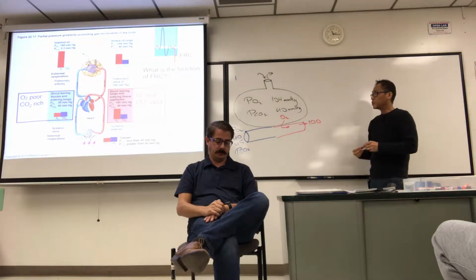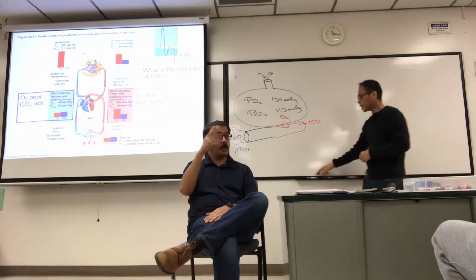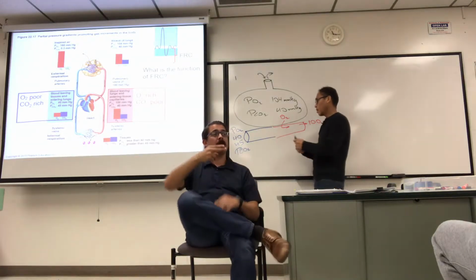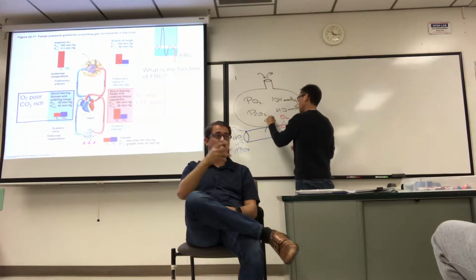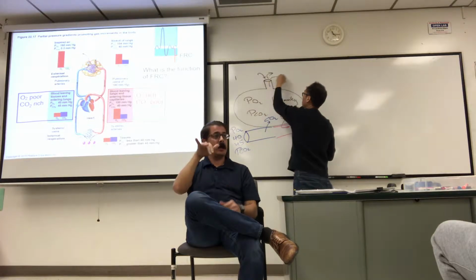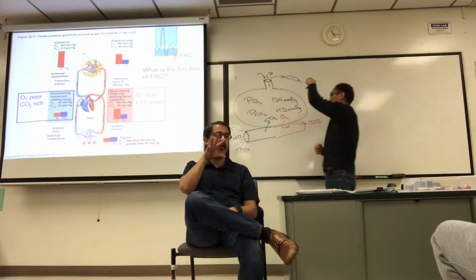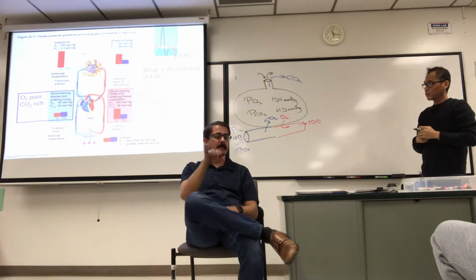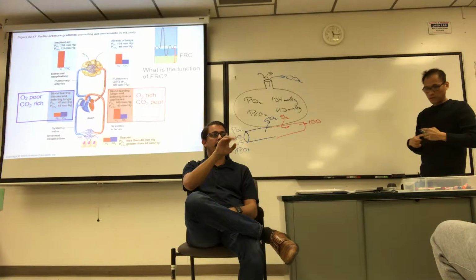The other thing is the CO2 that leaves. It's not a very steep gradient, but high to low. CO2 leaves, and that's kind of like a waste product that you breathe off. We call this the external respiration, the gas exchange at the lung.